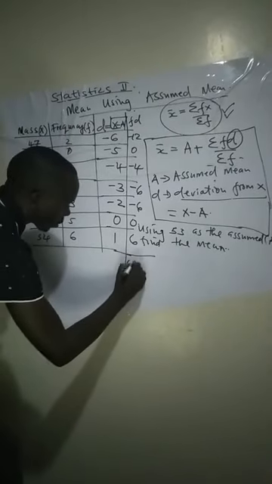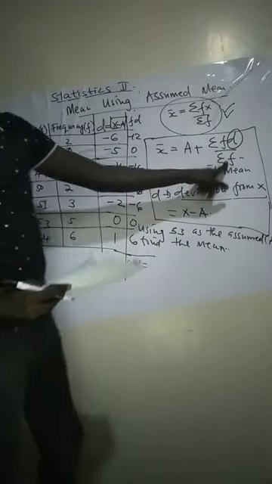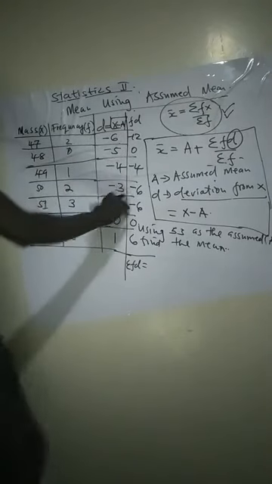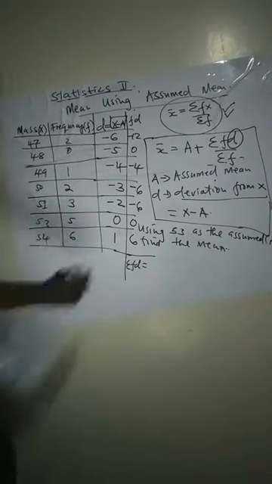Then from there, the other assignment now is to get the summation of FD, because the formula reads A plus summation of FD over the summation of F. So in that case, you can now add all this, negative 12 plus 0 plus negative 4, that is negative 16, negative 22, negative 28, negative 28 plus 6, that is negative 22.